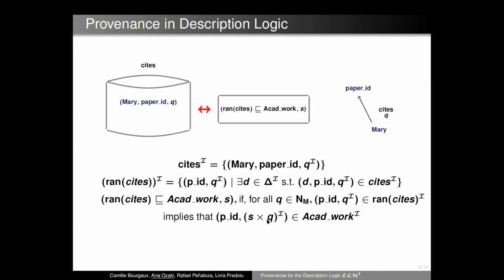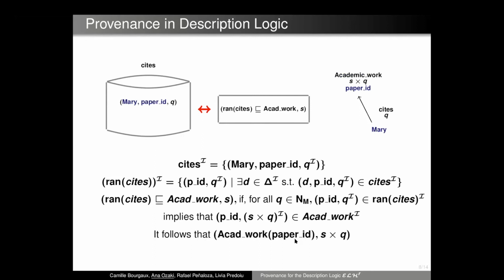And in our particular example, we have that paper ID is in the extension of range cites with provenance Q, and it will be in the extension of academic work with provenance Q times S, which is what we wanted, because in order to derive this, we have used both the fact and the concept inclusion.